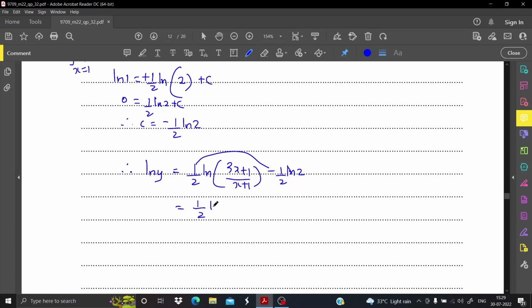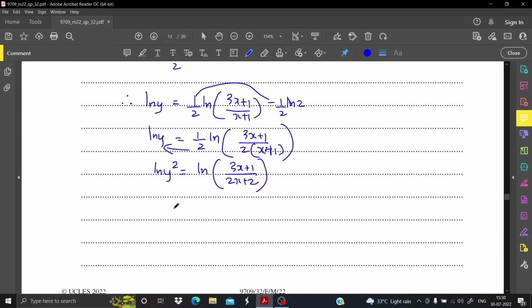So finally you get half log of 3x plus 1 divided by 2 times of x plus 1, and this is log y. So multiply by 2 there, so that becomes 2 log y, which is nothing but log of y square, equal to log of 3x plus 1 by 2x plus 2. You can get rid of this logarithm. The final expression is y square equal to 3x plus 1 by 2x plus 2.